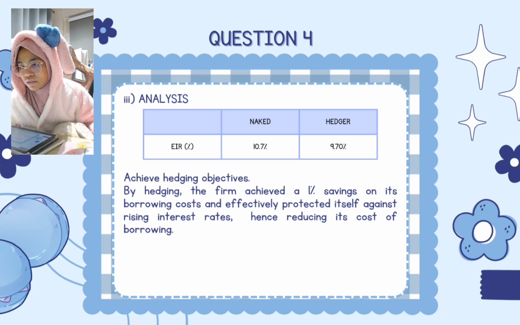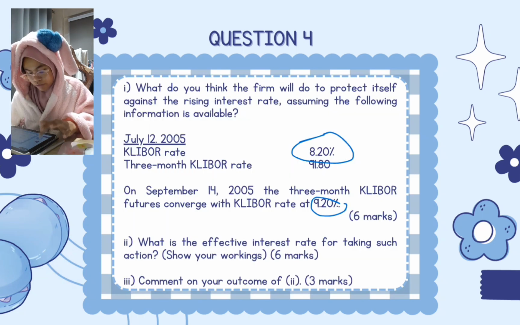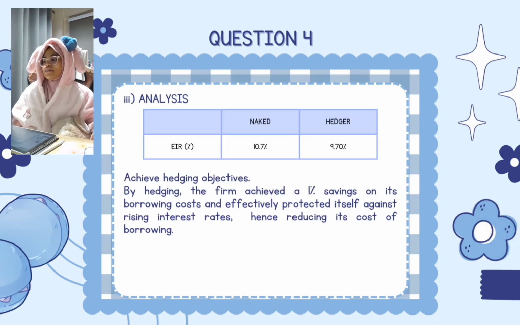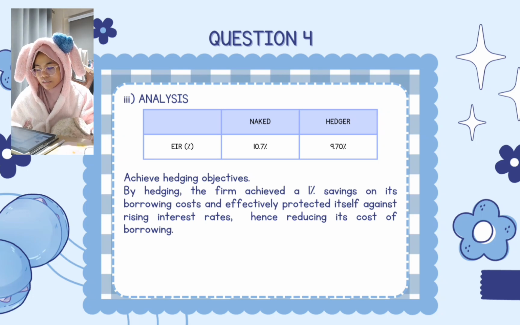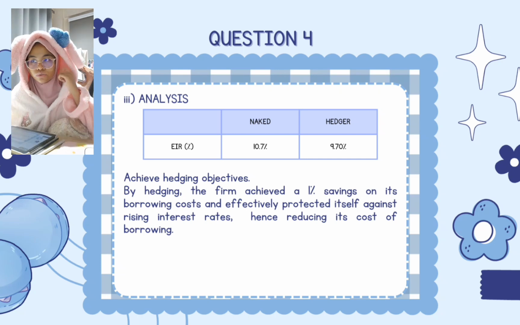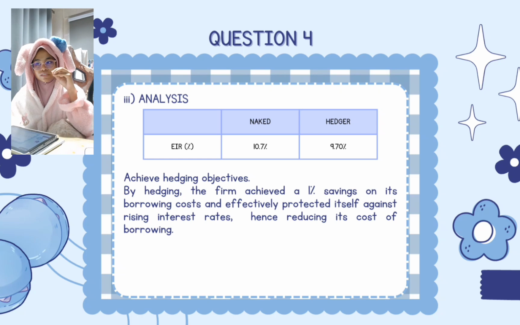So the third part is to comment on your outcome. Basically, the analysis. As you can see, the EIR for naked is 10.7% compared to when you hedge, which is 9.70%.